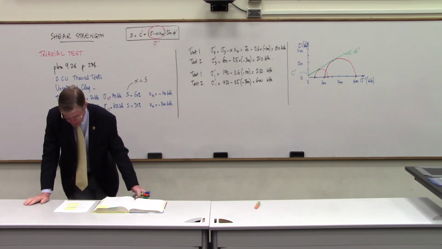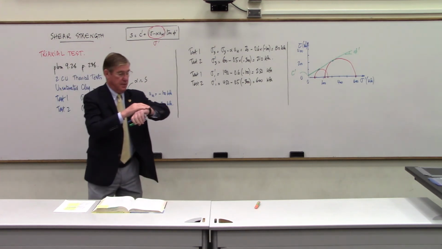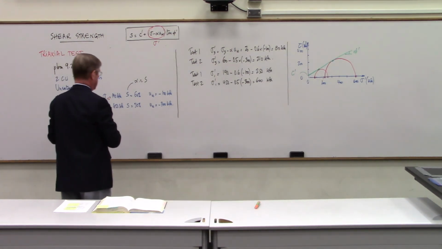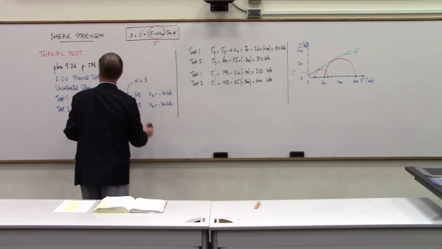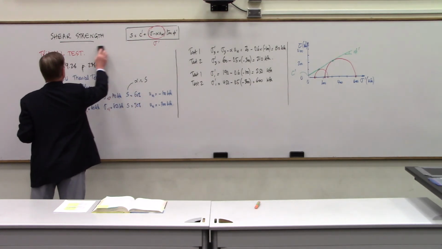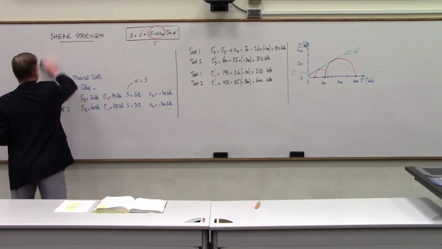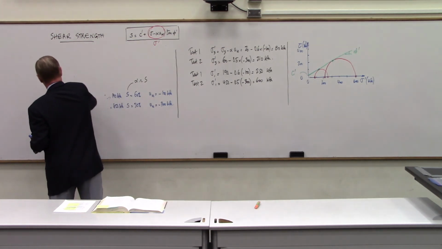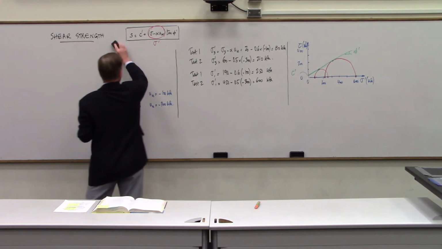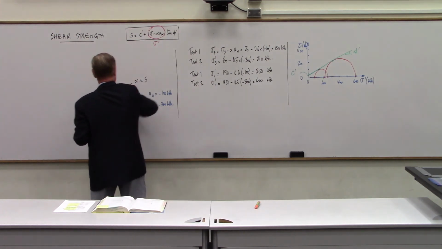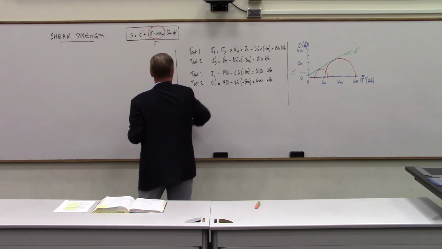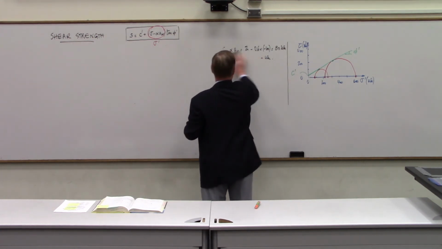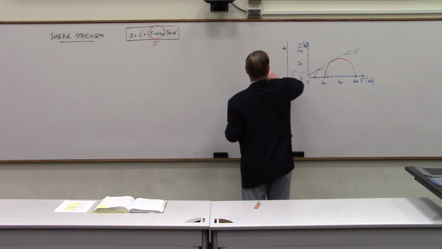Now, in the time that I have left here, I would like to address the issue of how do you find the stresses on the plane within the triaxial test or the direct shear test or any test that you run in soil mechanics.